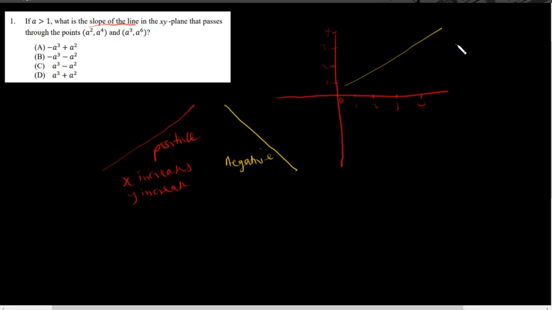Now this line has a positive slope because if I indicate any point on the line, let me start from this point, let us assume that this point is the point (1, 1), because we have x to be 1 here, and y to be 1 here.